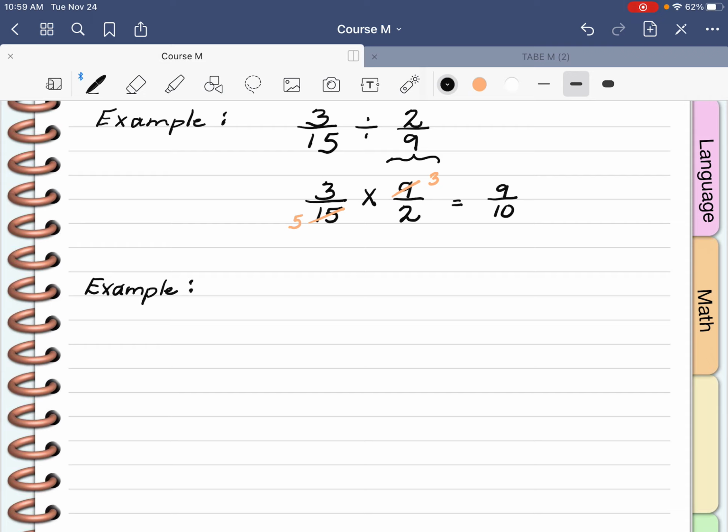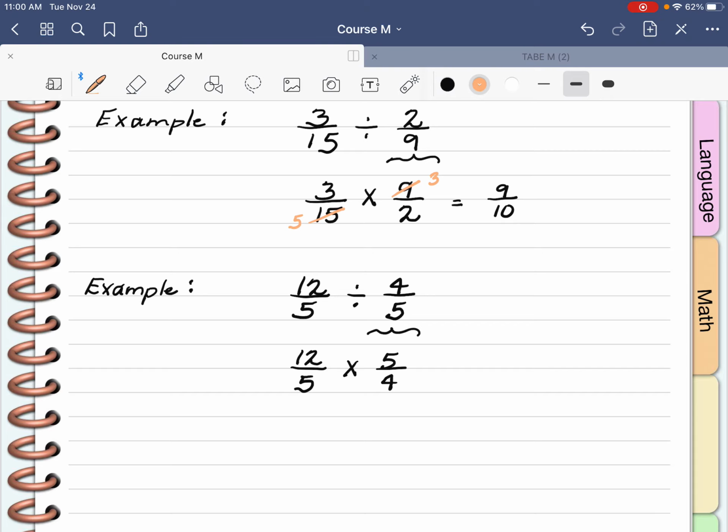Okay, another example. 12/5 divided by 4/5. No mixed numbers, no whole numbers, so we flip the fraction that follows and multiply.